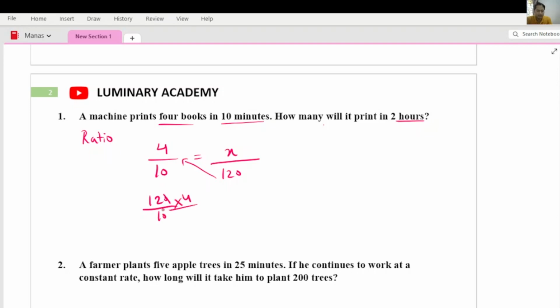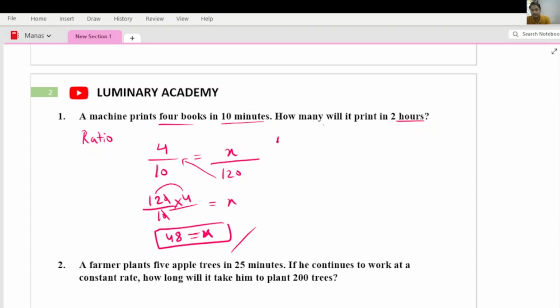The 0 and 0 will be cancelled. So what is the value of x? 4 2s are 8 and 4 1s are 4, 48. So 48 will be equal to x. This is the answer for the given question.